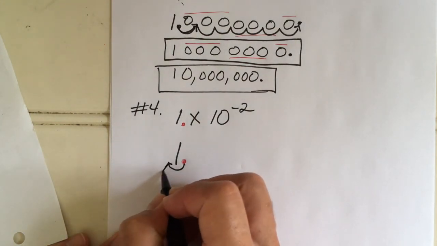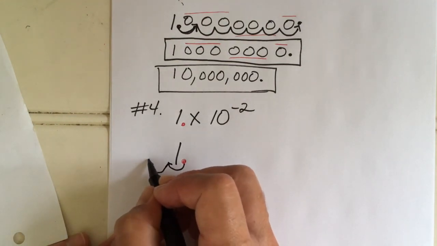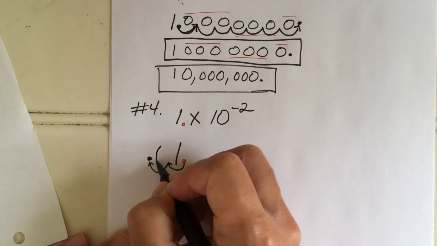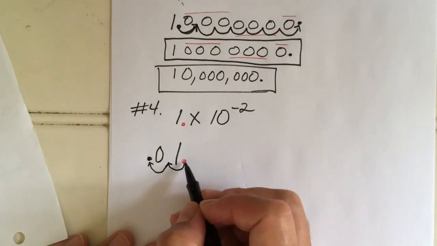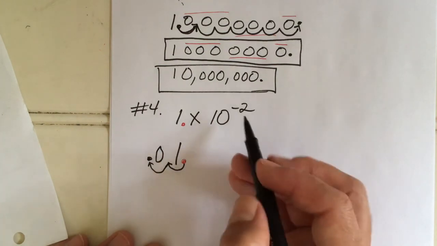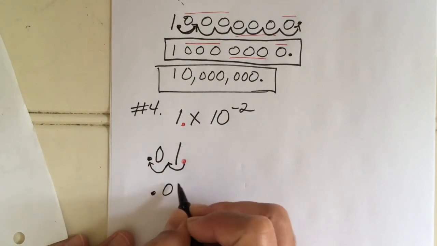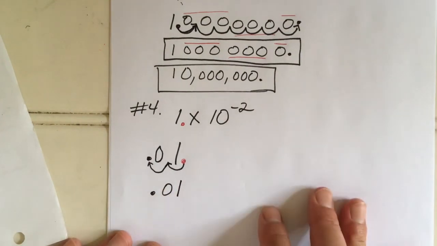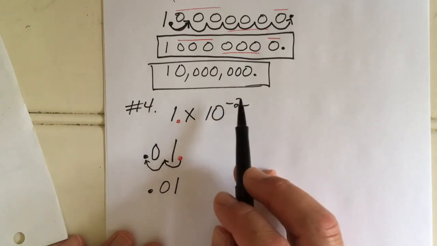And if I move it one more time right there, then it becomes 0.01. So notice I'm putting a 0 in the valley, like before. So I moved it 1, 2 times to the left because this is negative, and it becomes 0.01.